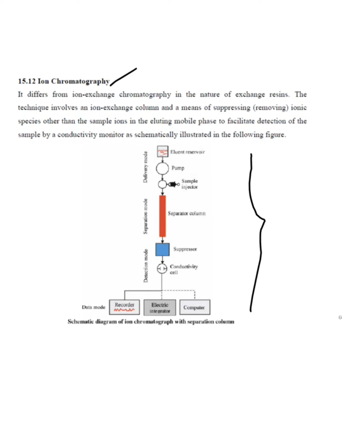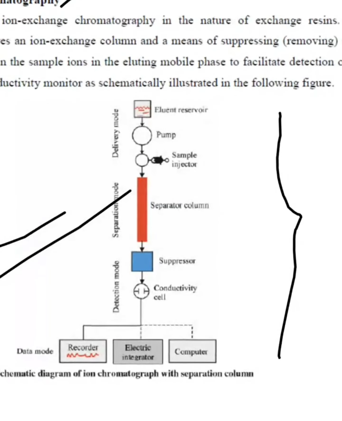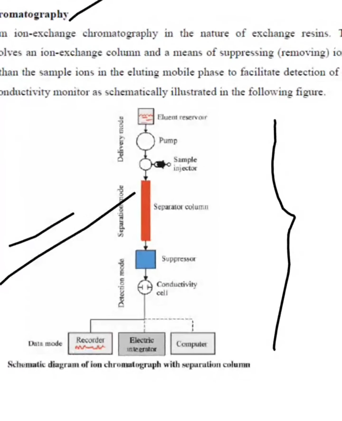Here the separation of anions and cations takes place, and this is the instrumental setup. Here we are going to use dilute reservoirs as the mobile phase, different solvents, polar and non-polar solvents, and it is pumped towards the column, where the sample is injected.